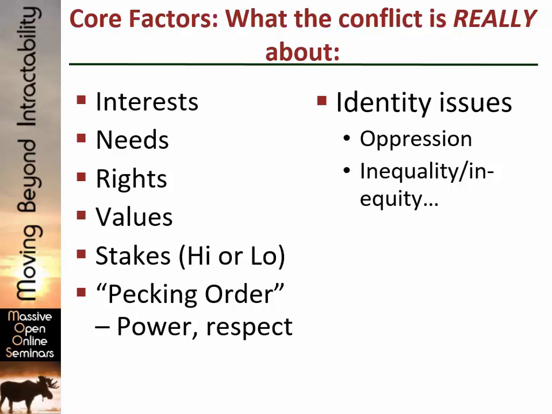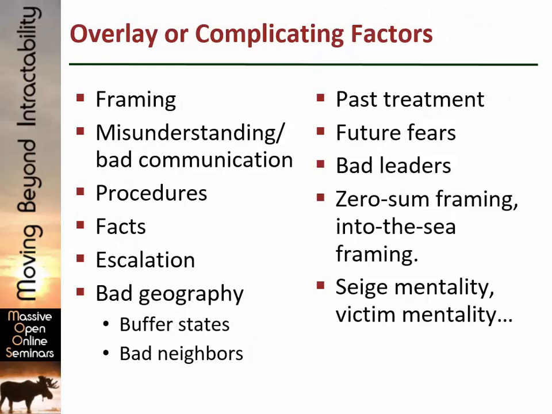Lastly, there's pecking order issues related to power and respect, and closely related to that are identity issues and the linked notions of oppression, inequality, and inequity. So that's our current list of things that constitute core factors in intractable conflicts.